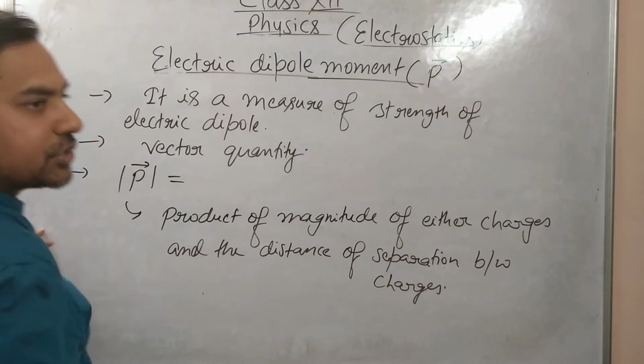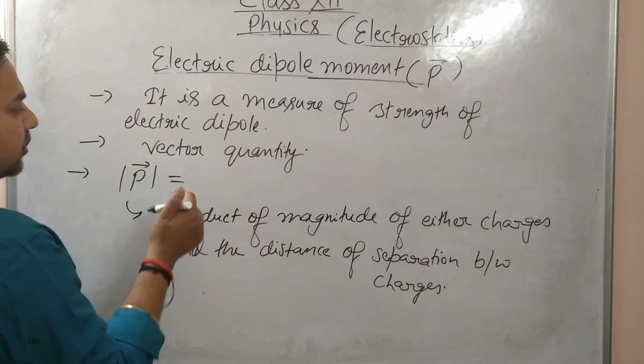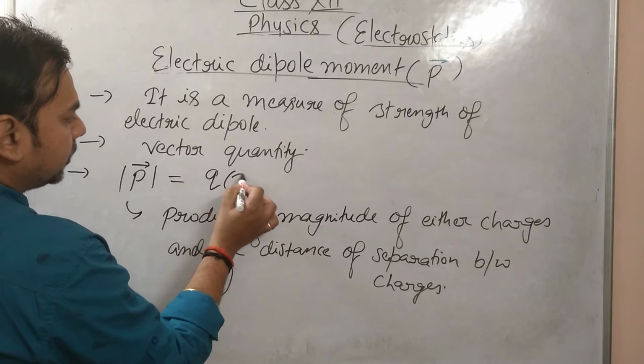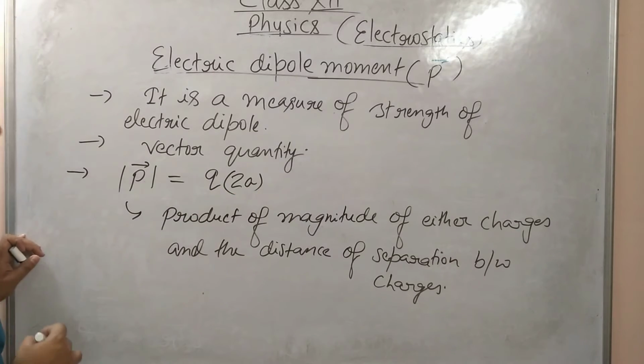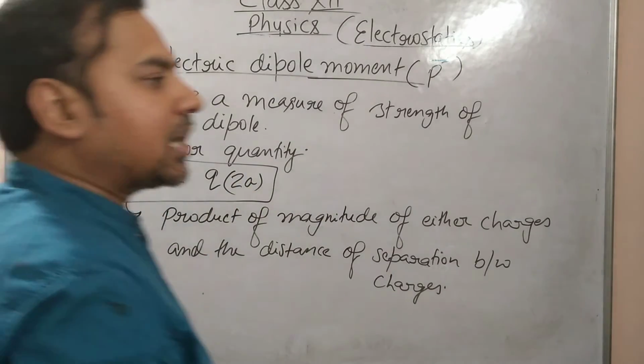So, according to the definition of electric dipole moment, the magnitude of dipole moment can be written as q, the magnitude of either charge, into the distance of separation. This is the magnitude of electric dipole moment.